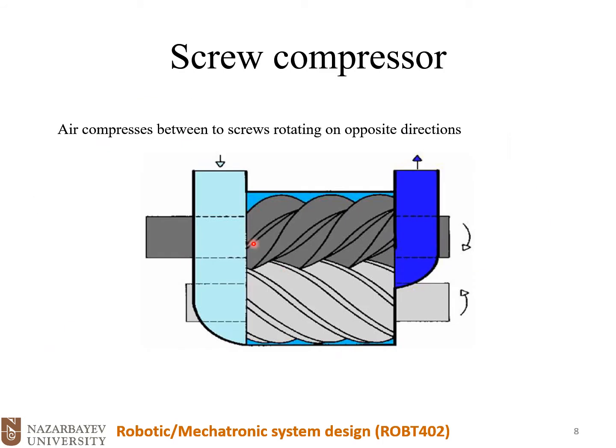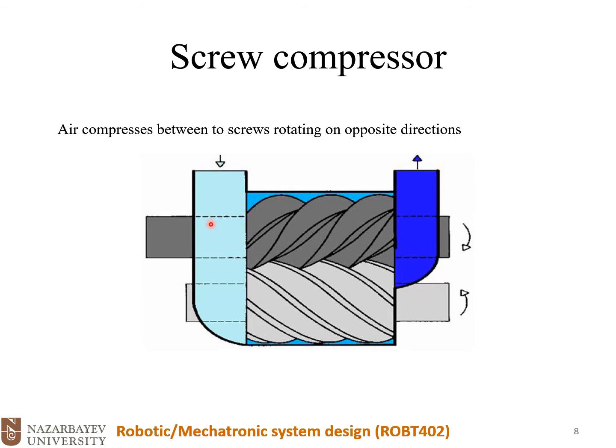Screw compressor, as you could see in the picture, air compresses between 2 screws rotating in opposite directions. So we have 2 screws here that are rotating opposite of each other, one of them, let's say, clockwise, and the other one counterclockwise.